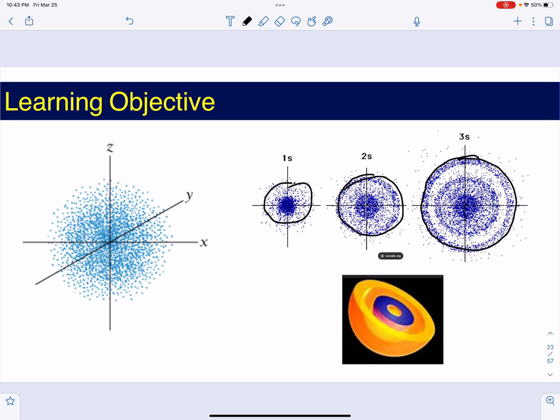We're going to call those 1s for level 1. This type of diagram, the one that looks like a ball, a sphere, we're going to call s. Then we will have level 2 and level 3. Level 3 will have the higher energy because it's farther away from the nucleus, right? So this is a way to see it. If we cut it in half, it's like a ball inside a ball inside a ball.